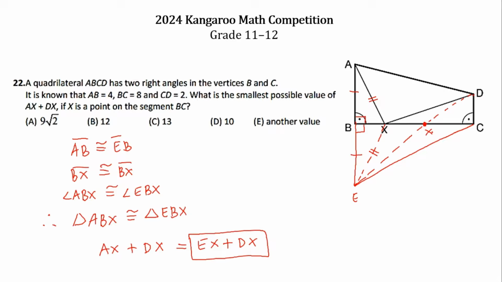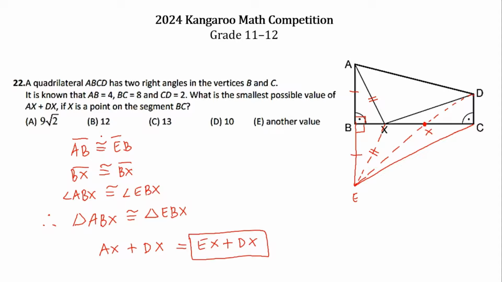So any other location of point X will not give us the minimum value of EX plus DX. It's only this point right here. Okay? Now, let's use the given values for the other segments to find ED. Okay? That's EX plus DX.